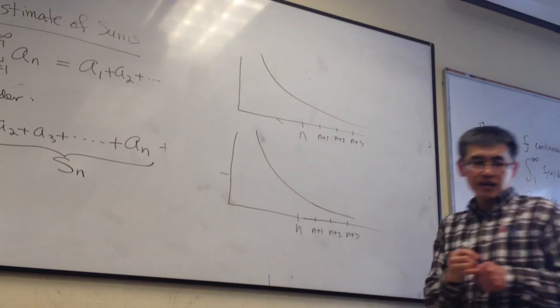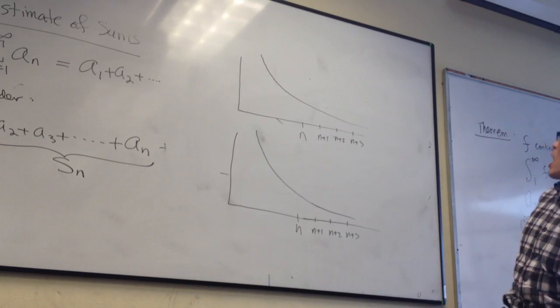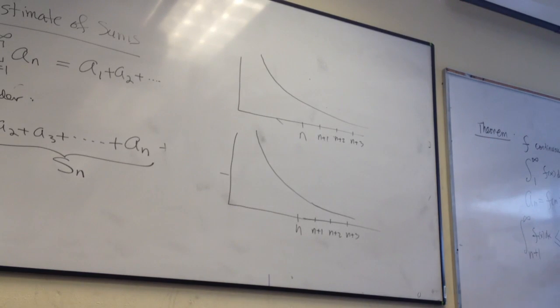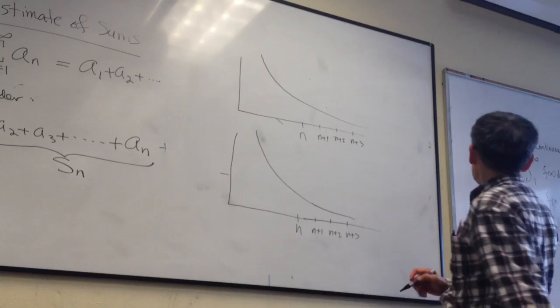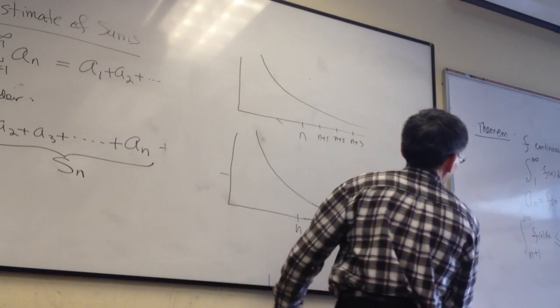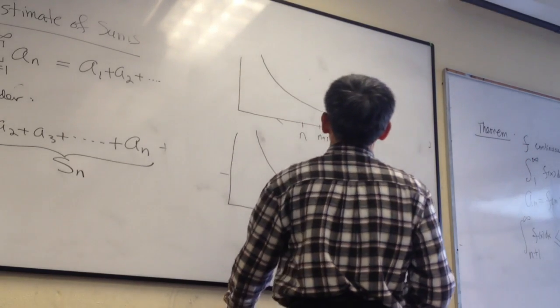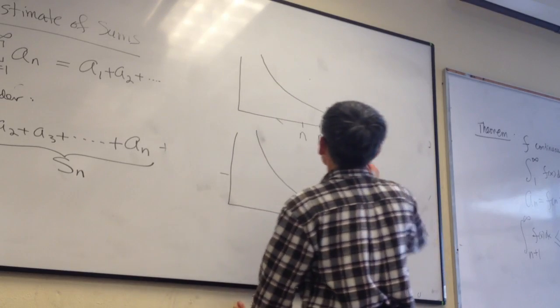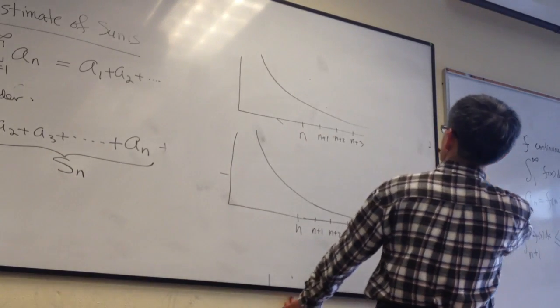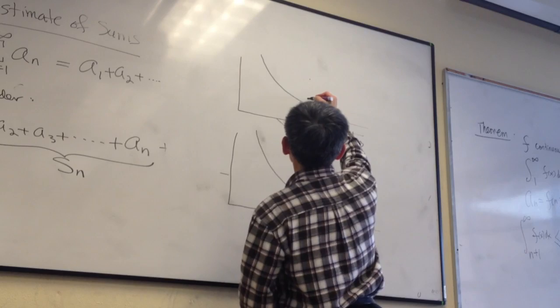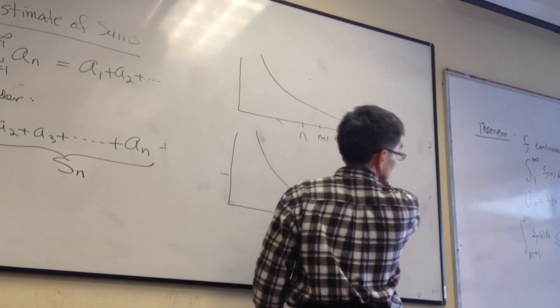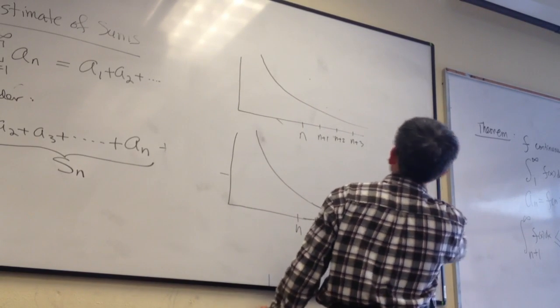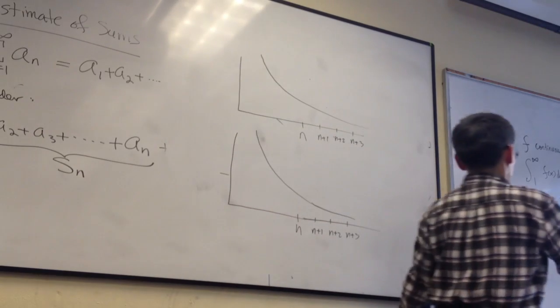So the first staircase is this. I want to show that this remainder dominates a certain integral. Okay? So that's easy to establish. And that is because, what is this one?